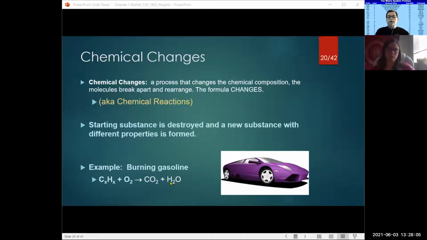Yes, I know that when we burn gasoline in the vehicle, it will give you carbon monoxide, and that's a side product. And that's mostly because of the inefficiency of our engines and our ability to burn that hydrocarbon properly. So yes, we do get carbon monoxide. But for Chem 130, the only 2 products we'll be getting is carbon dioxide and water.